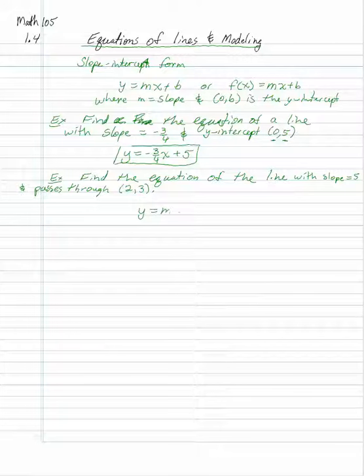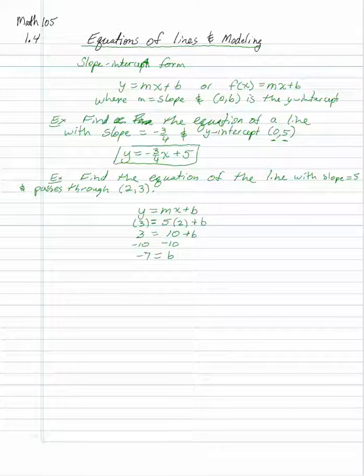So we start out with y equals mx plus b, plug in what we know: slope is 5, x is 2, y is 3, from the point (2, 3), plus b, and then you solve it for b. Subtract 10, so b is negative 7.